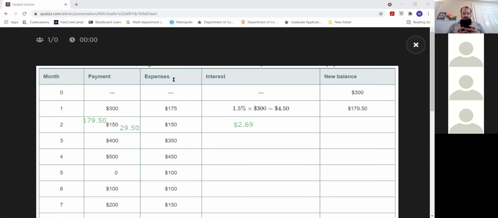My money sign. And this should be to the nearest cent. Give me what this should be.